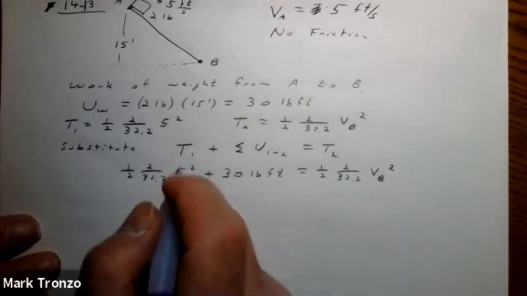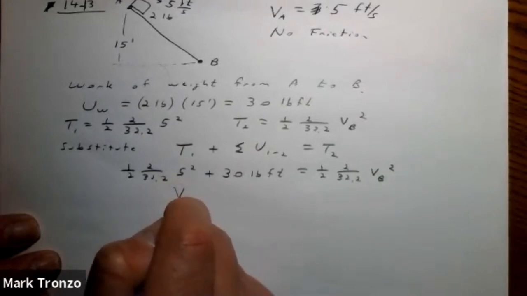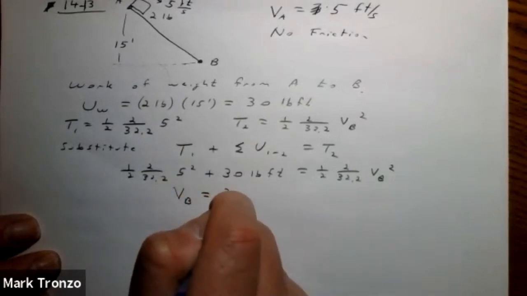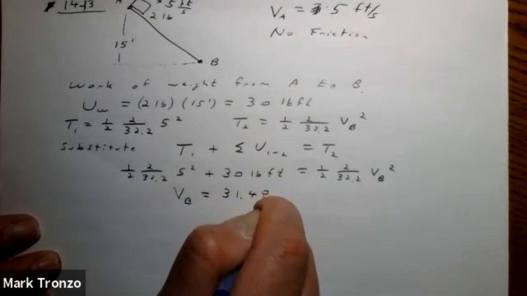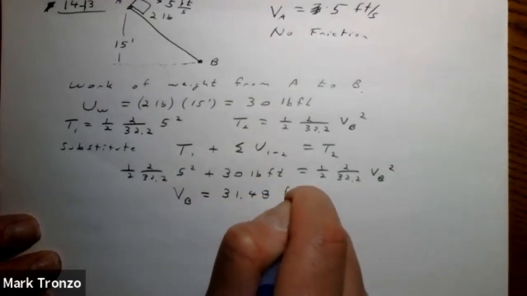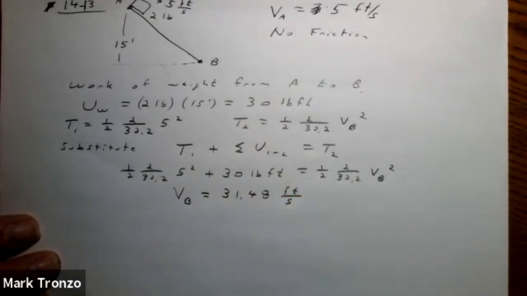You can put that on your calculator and end up with VB equals 31.48 feet per second.